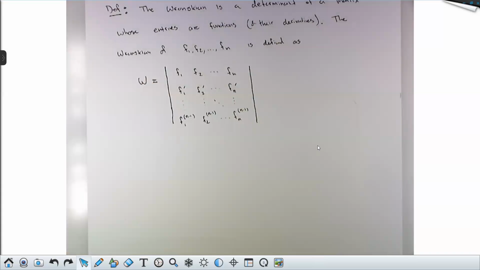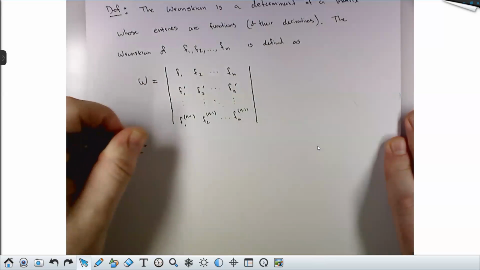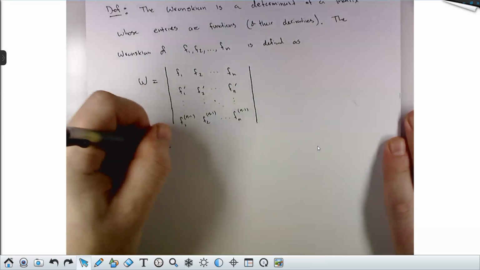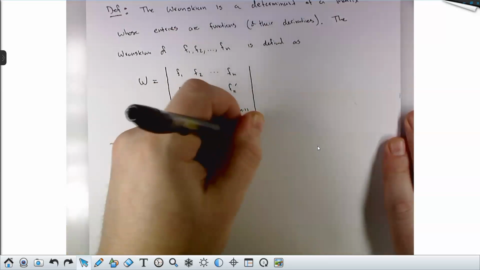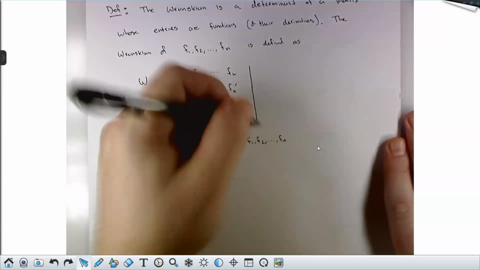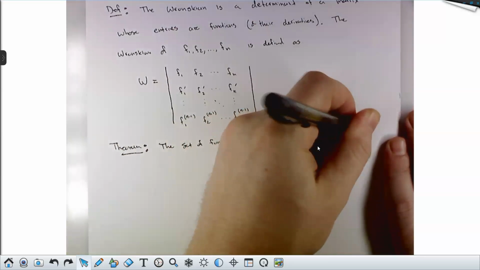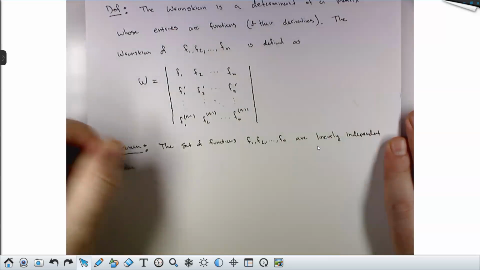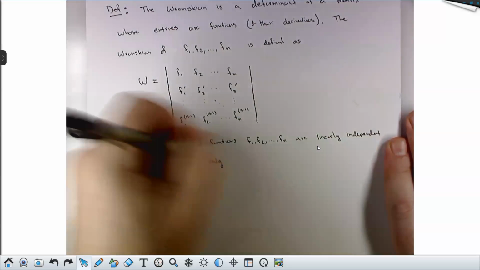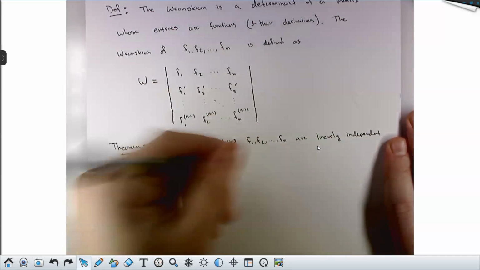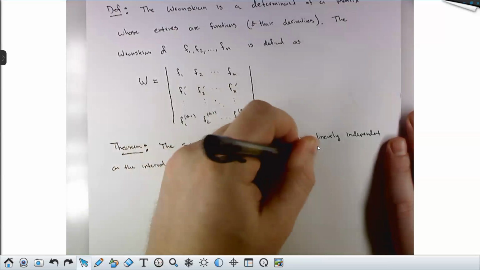So if you've got some functions and you want to know if they are linearly independent, the set of functions f1, f2, out to fn, these are linearly independent on the interval I if and only if W for those functions is not identically 0 on I.